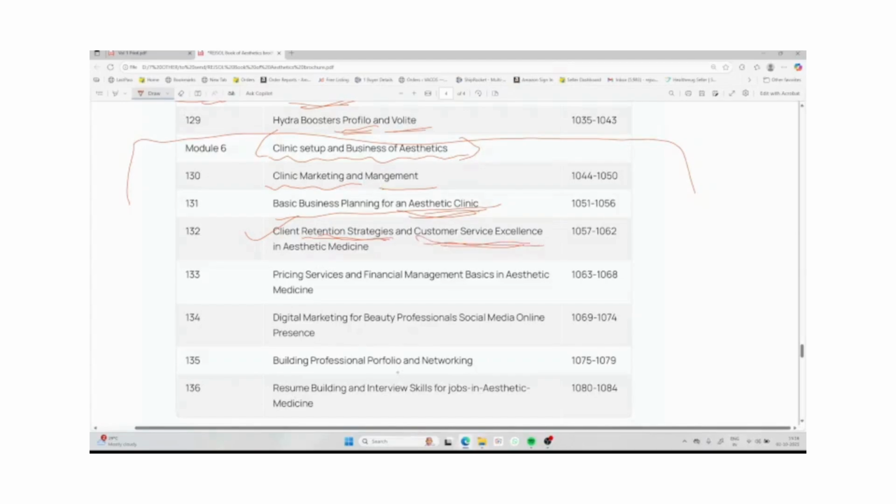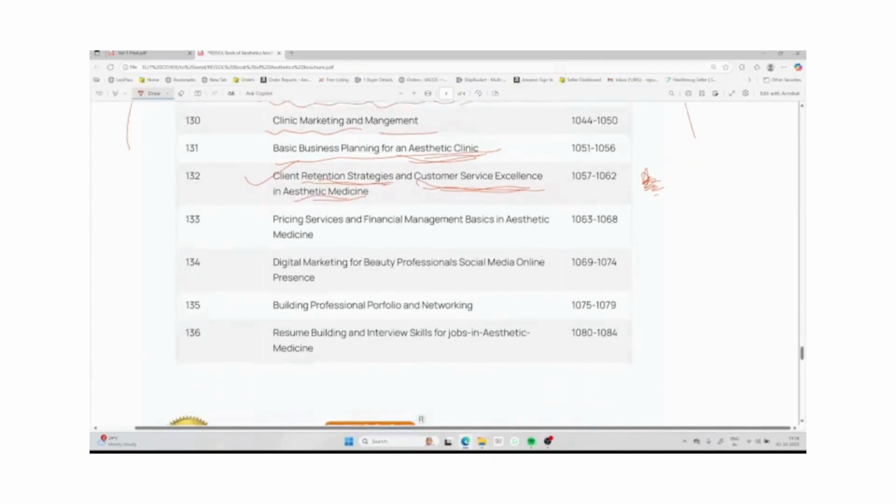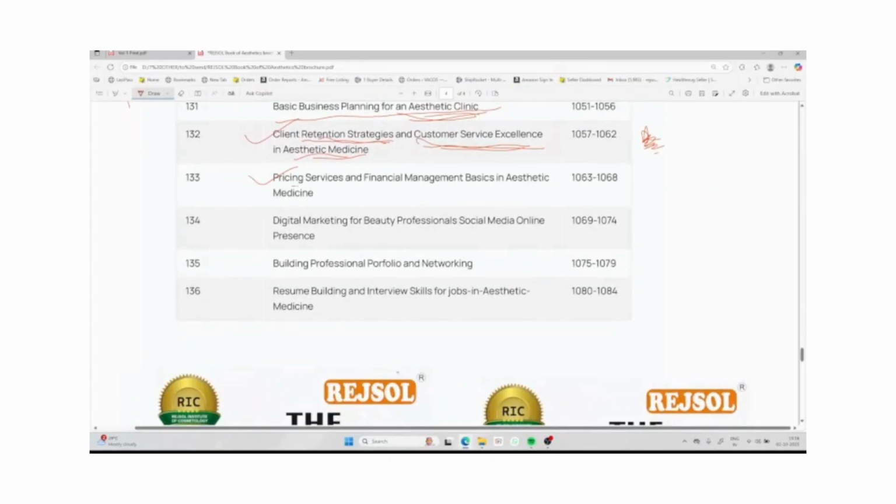Customer service excellence in aesthetic medicine. What best can you do to achieve customer service excellence? Pricing of your services is very important, how you should price the services, and the financial management basics in aesthetic medicine.